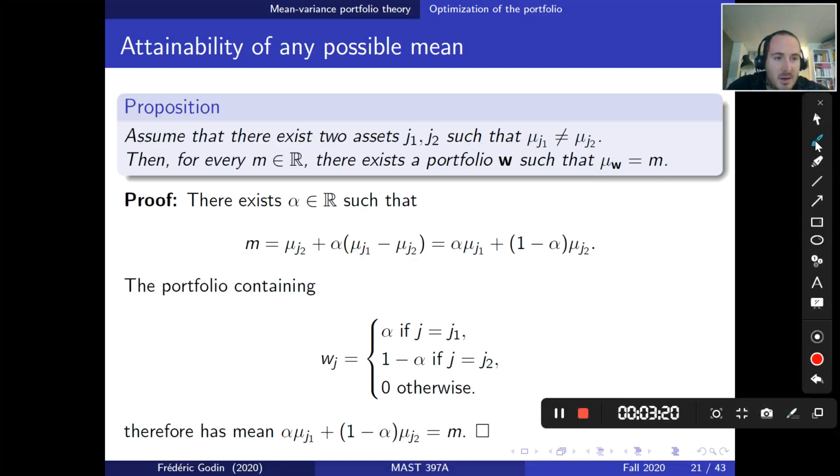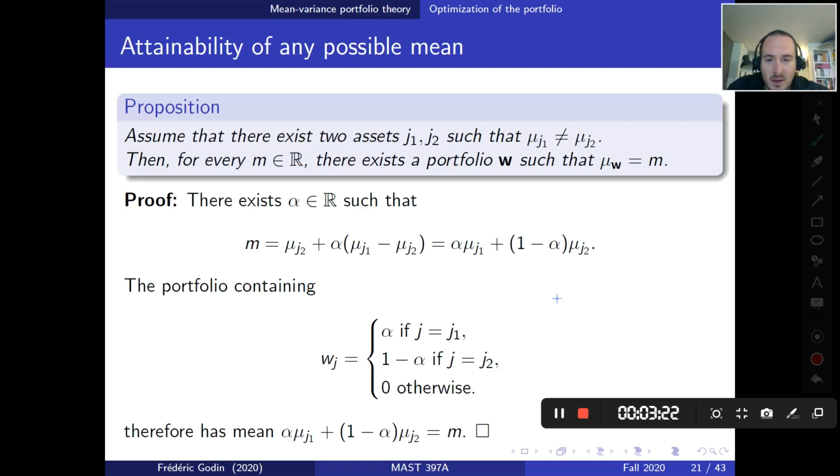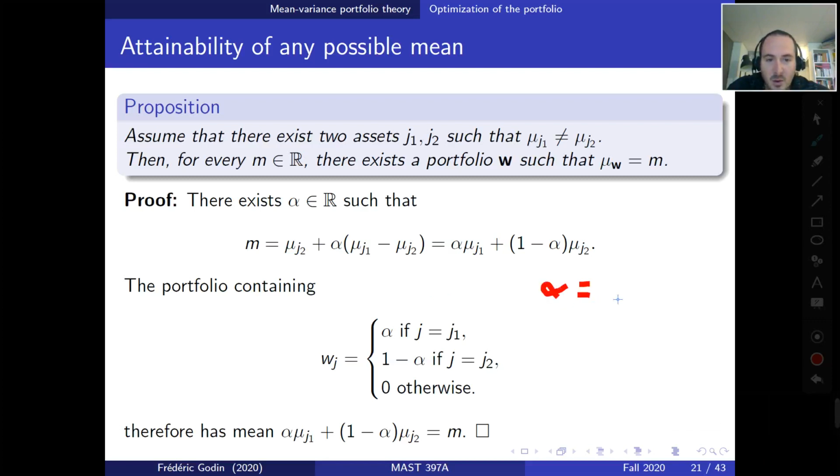Well, in fact, it's pretty simple to derive what this constant would be. This constant would simply be alpha equal to (m minus mu j2) divided by (mu j1 minus mu j2) here.